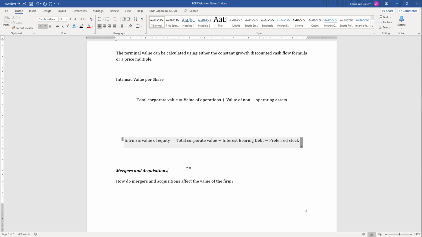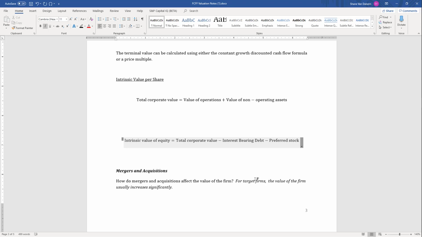But how do mergers and acquisitions affect the value of the firm? It depends on if you are the acquirer or you are the target. So for target firms, the firm being acquired, the value of the firm in terms of its market value of equity usually goes up quite a bit after a firm has been identified as a target for an acquisition.